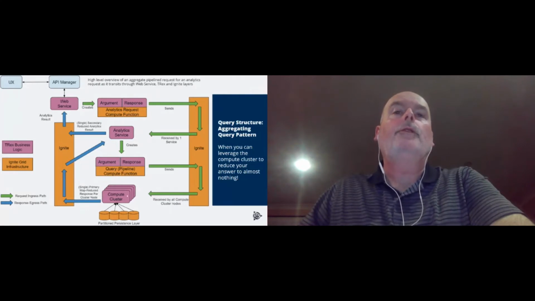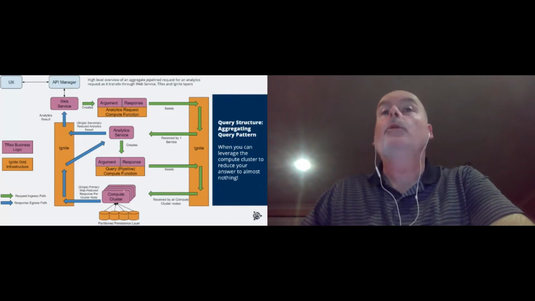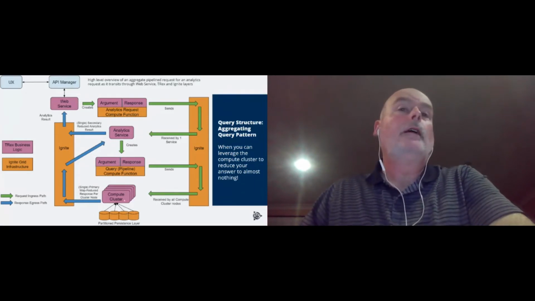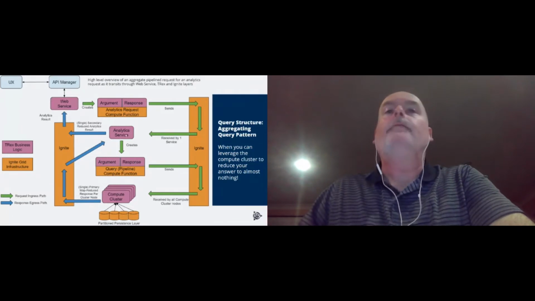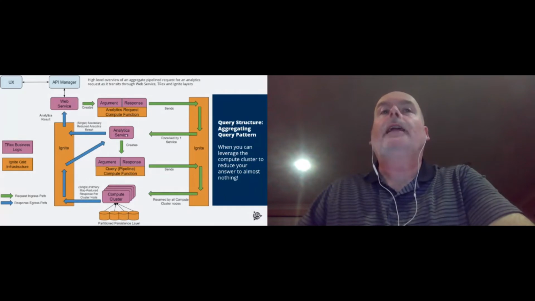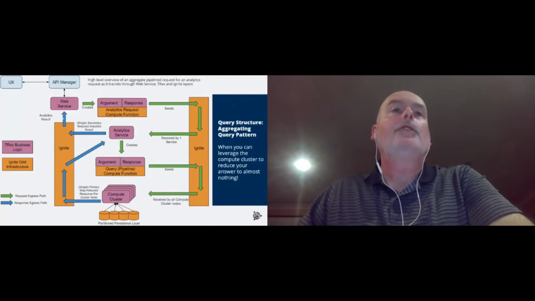Each server node responsible for the caches holding the data that have been queried across will compute their part of that and essentially return a map-reduced response for that set of data back up to this middle tier analytics service. That then performs a secondary analytics map production over that data before sending the actual result back to this web service here.